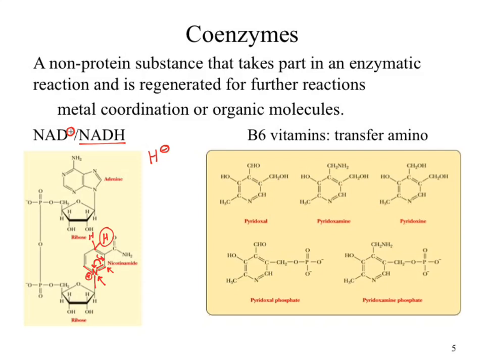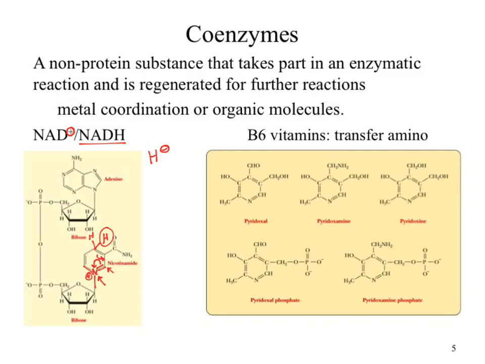So what can we use that for? We end up putting electron density into a structure, which means that structure gained electrons, which means it was reduced. NAD plus and NADH are really good at electron transfers. What we're looking at is oxidation-reduction reactions.